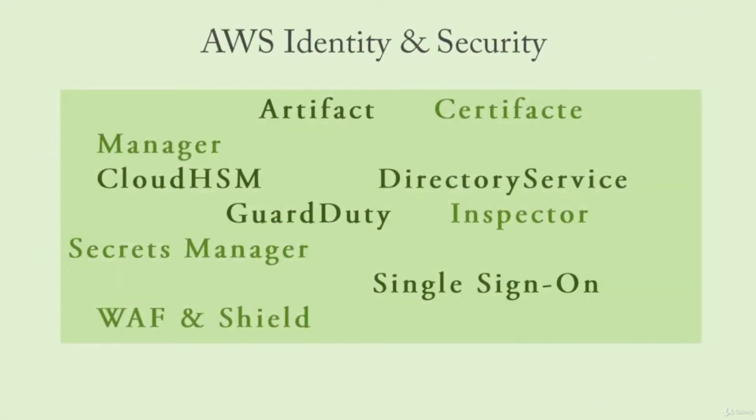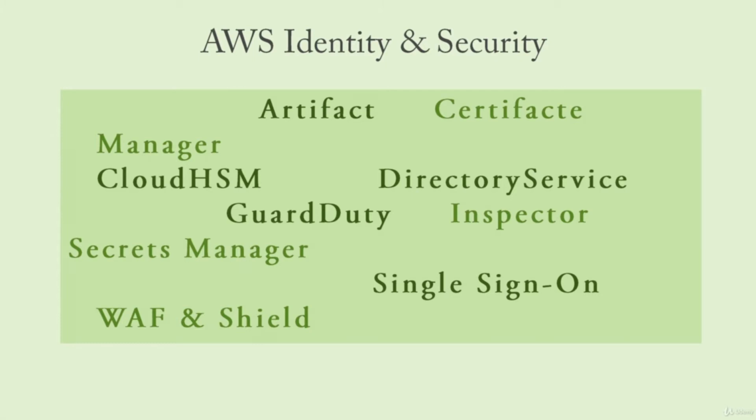So these are the identity and security tools or services available on AWS cloud, using which you could secure everything on your cloud, be it instances from mobile services or web services, Elastic Beanstalk or EC2 instances, S3 storage, or things like that.